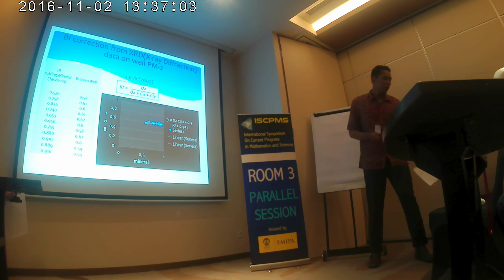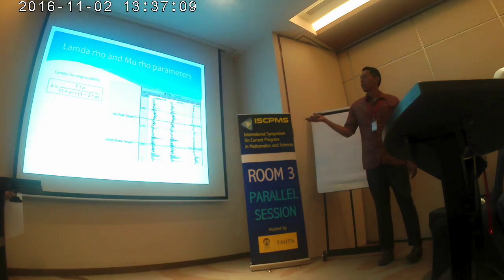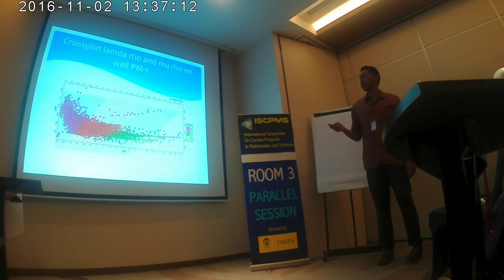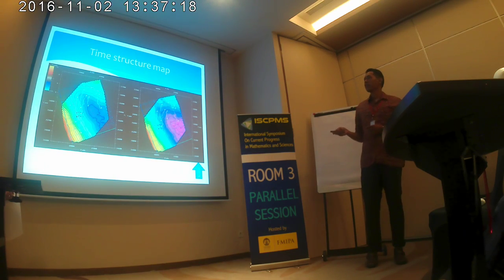We're using a correction from the mineral, and we got the value from mineral, and the log itself is already corrected. Using the mu and lambda to justify the value itself, and here's the map.